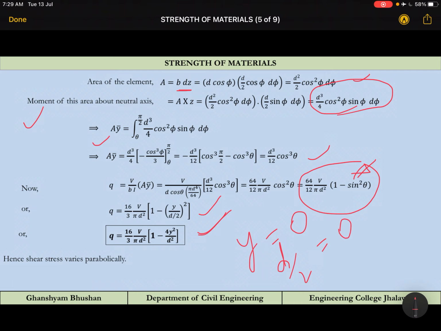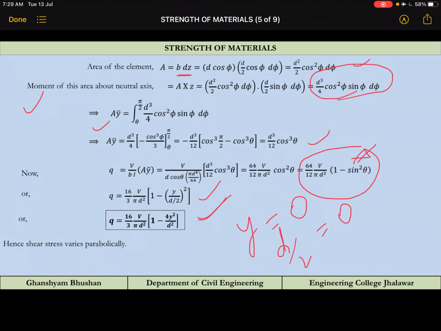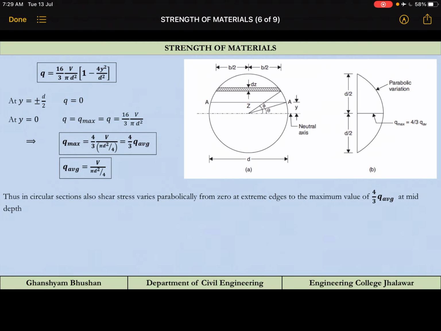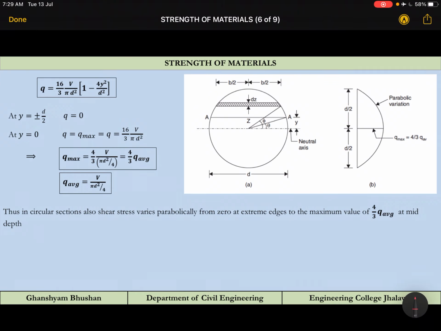So we have to check for the maximum value. For y equal to 0, it is coming out to be 16 by 3 V by pi d square.